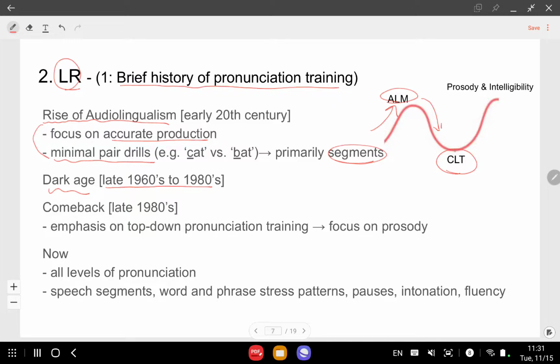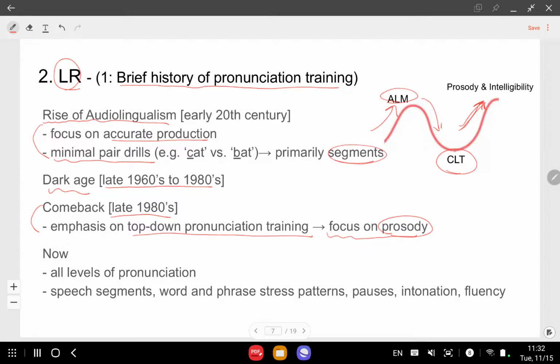And then during the late 1980s, it came back. There has been emphasis on top-down pronunciation training, which shows that when teachers focus on prosody and train on prosody, intelligibility increases. So now here we have this upper slope.